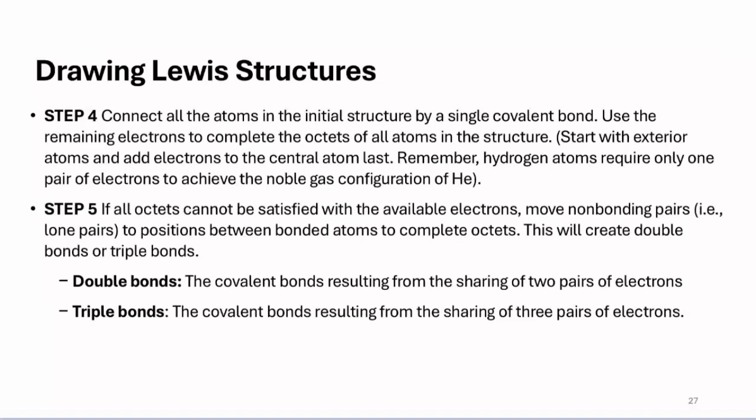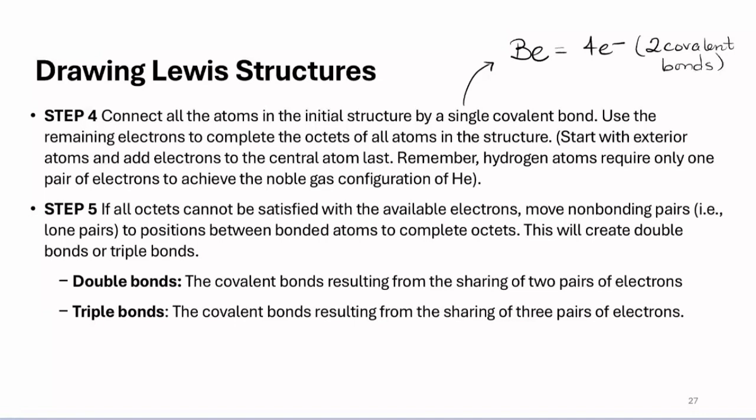Other exceptions to the rule include beryllium, that even though it's a metal, it actually forms covalent bonds. And beryllium only wants 4 electrons surrounding it, meaning that typically we see beryllium with 2 covalent bonds.